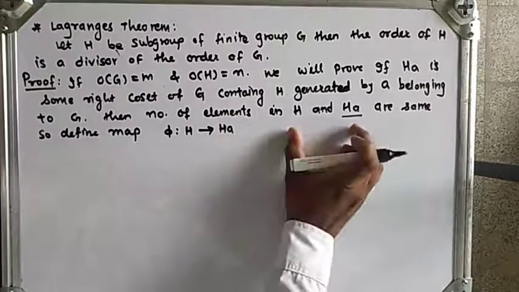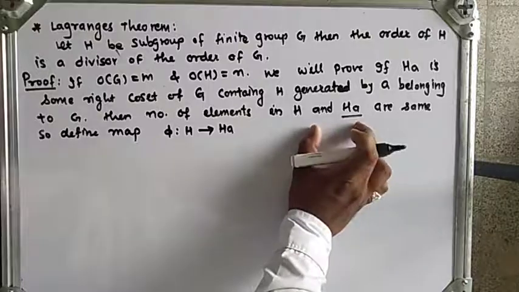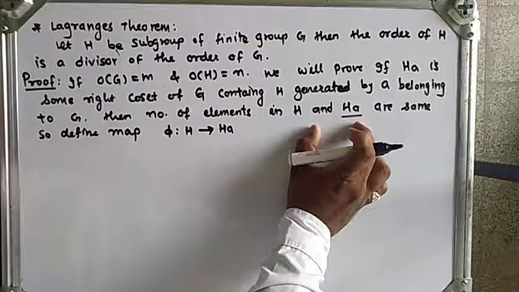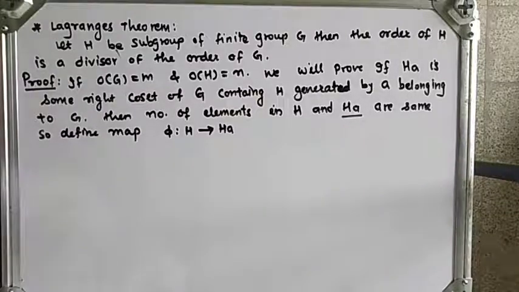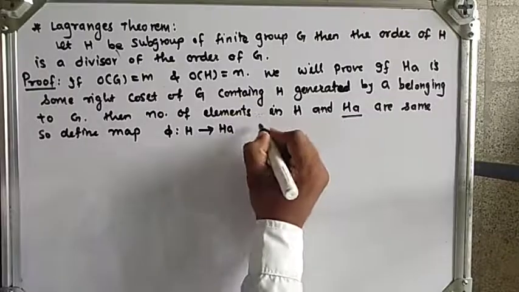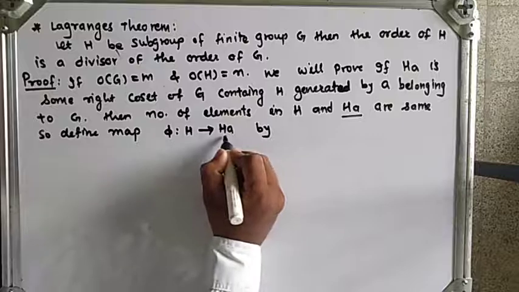Now we have to show that the order of H and the order of Ha, means the cardinality of H and the cardinality of Ha, will be the same, means to prove that the function is well defined, 1-1 and onto. So let's define the function, where the domain is H and the codomain is Ha.